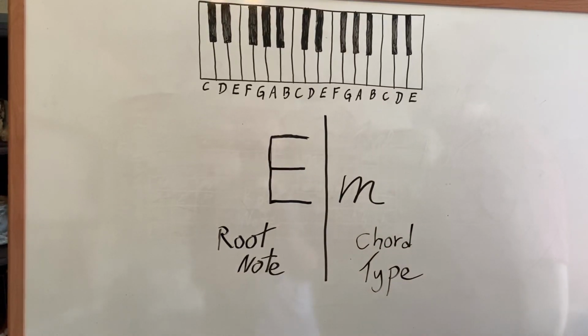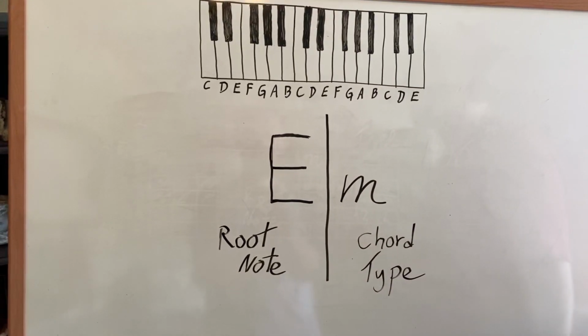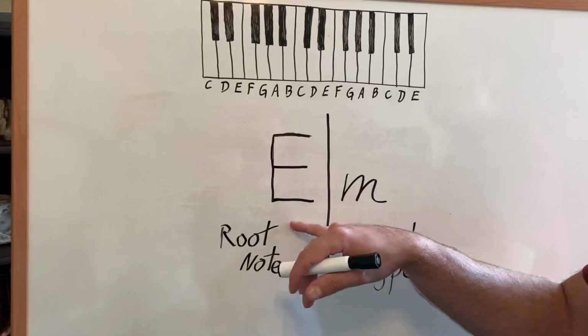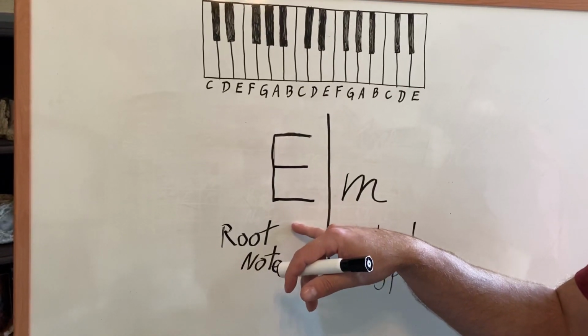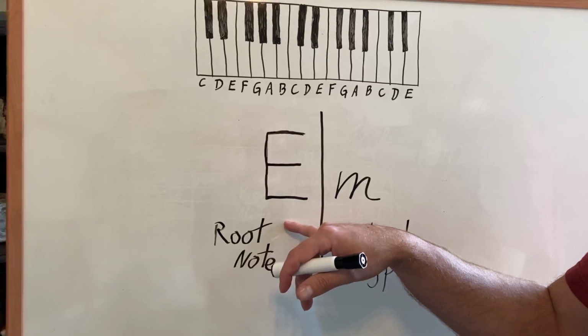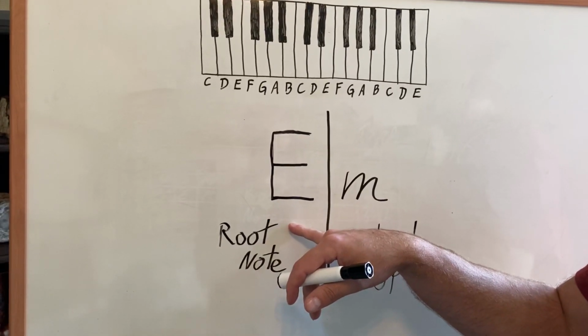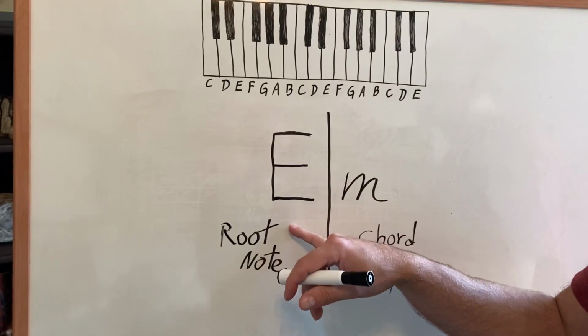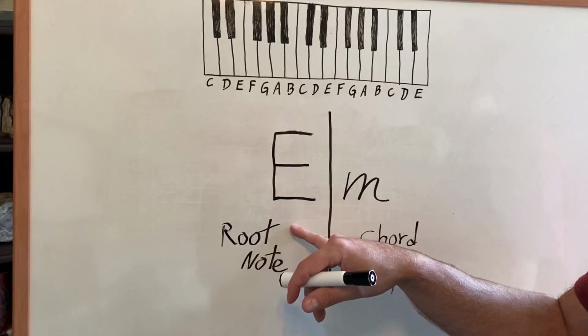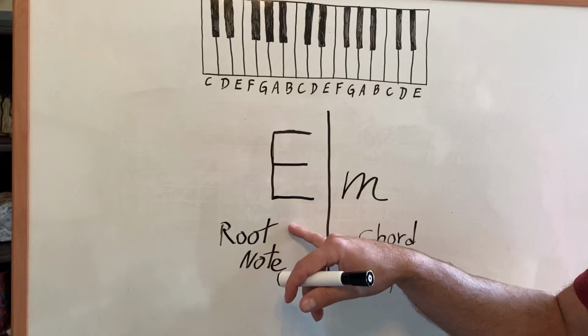That's also the reason why it's really important to be able to find notes on the neck, because this root note is what you're going to be looking for when you're playing up on the neck with bar chords, to know where you are and what you're doing. That's why being able to find notes on the neck is paramount. You've got to be able to do it.